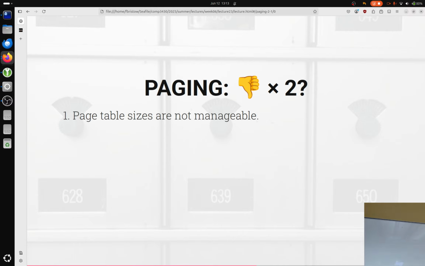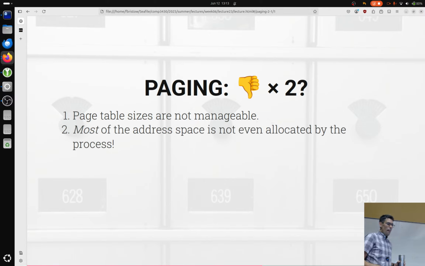The size of a page table, as we've implemented it here, is not manageable for 64-bit address spaces. It's not manageable for 32-bit address spaces. It's not manageable for anything that's bigger than trivially small sizes of virtual address spaces. Most of the address space in that virtual address space is not allocated by the process.